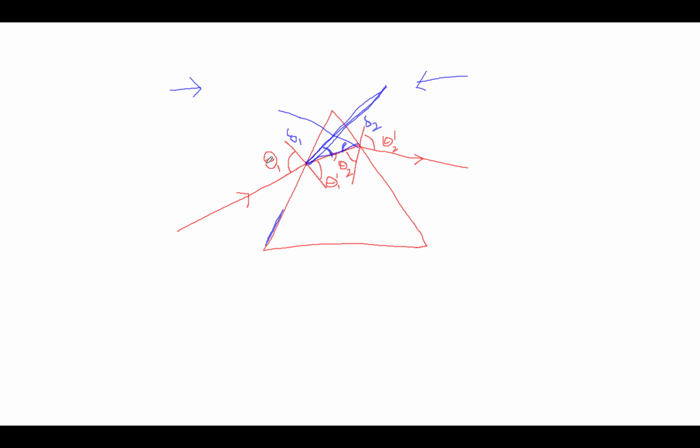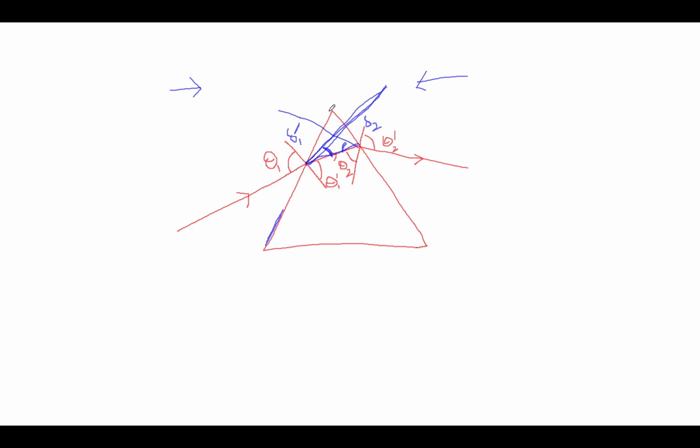We know the relationship here through Snell's law. So the difference in that angle between how the ray of light would have gone without the prism versus with the prism is what we are calling delta 1. That is the deviation. Same thing for the ray that is going out, we're calling it delta 2.